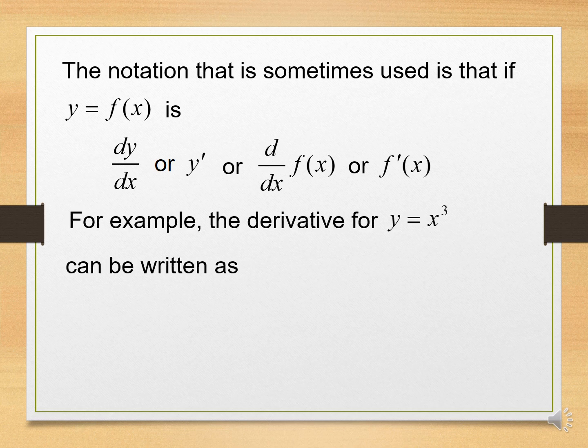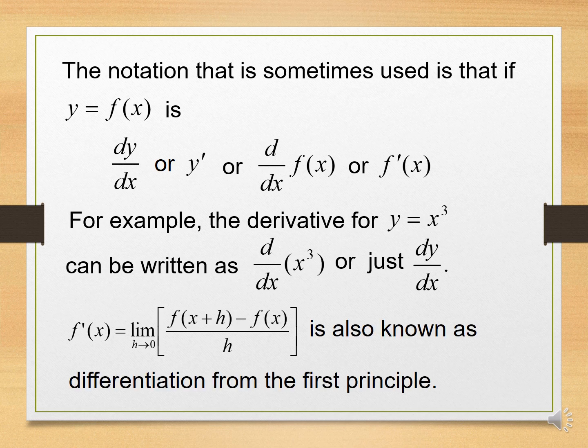For example, the derivative for y equals x cubed can be written as d/dx of x cubed, or we can also write it as dy/dx. And the formula that we just showed, f'(x) equals the limit of [f(x + h) - f(x)] over h for h approaches 0, we know as differentiation using the first principle.